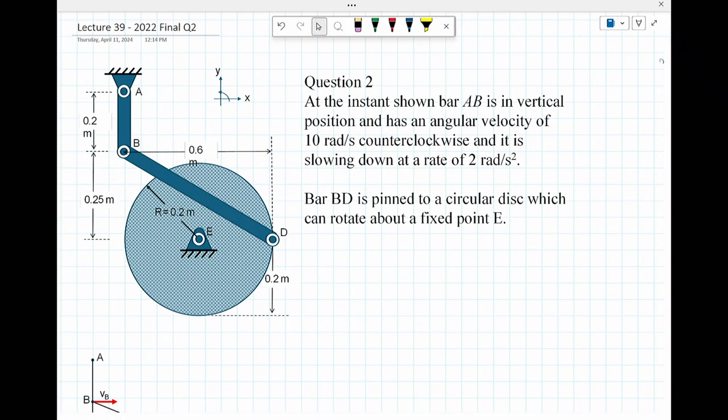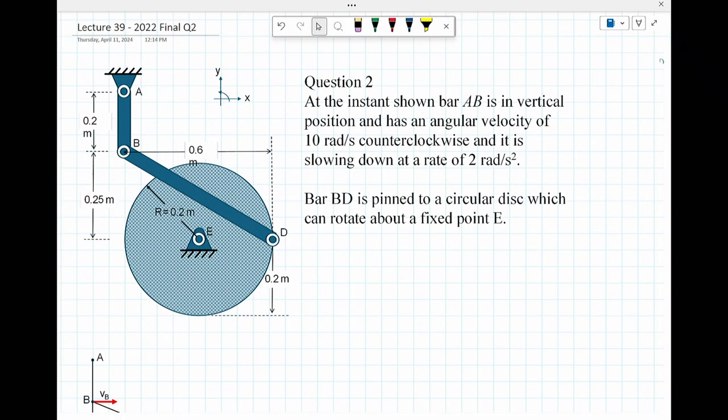Because with BD, I don't know anything. But I know AB is rotating, and I know ED, the disk, is also rotating. So both of those points will be a lot easier for me to do the analysis from in order to extract out what's happening with the link BD.